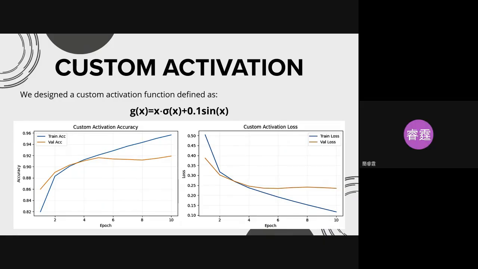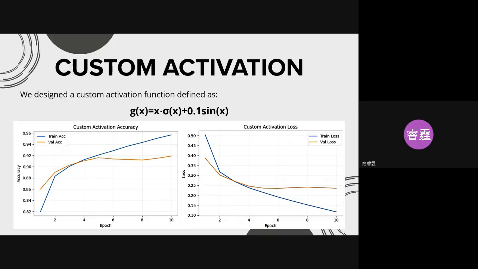Okay, so in this part, we design a custom activation function, which is the below. And the main idea is to combine the two effects. The first term, the term with x, gives the function a smooth gating behavior, which helps the model learn more stably.